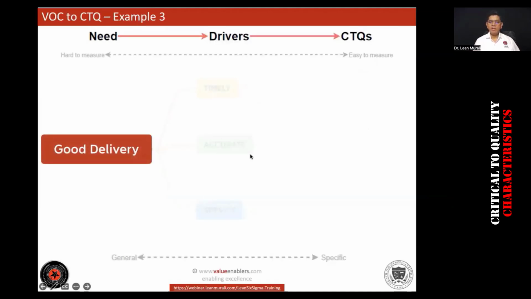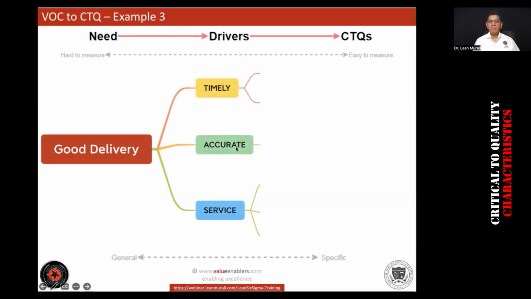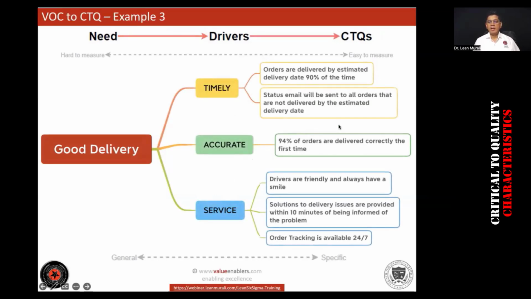What does a good delivery mean? Timely delivery, accurate delivery, and service. For timeliness, you can put critical to quality as delivery rate is 90%, with email status sent to the people who have not received an action taken. Accuracy, 94% of correct orders.